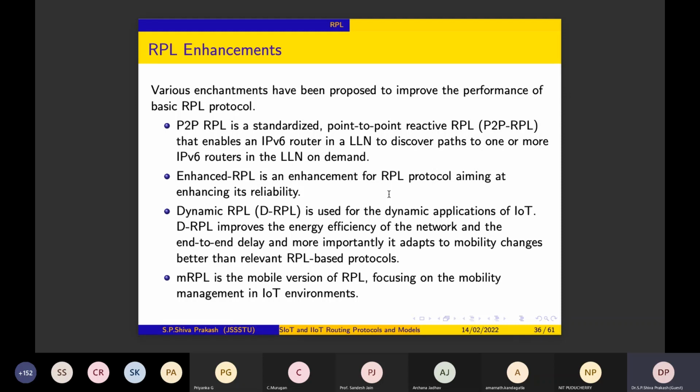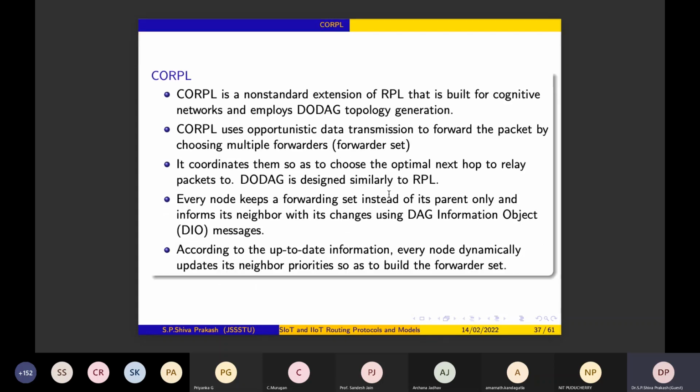And also we have MRPL, the mobile version of RPL, which focuses on mobility management in an IoT environment. And the next one is CORPL, which is a non-standard extension of RPL that is built for cognitive networks and employs DODAG topology generation.